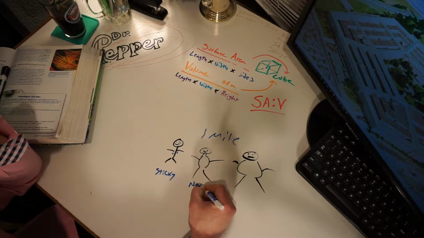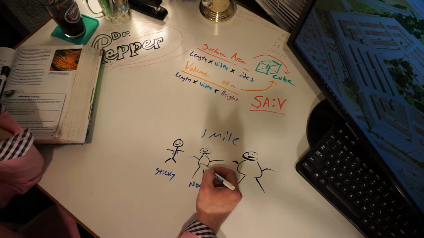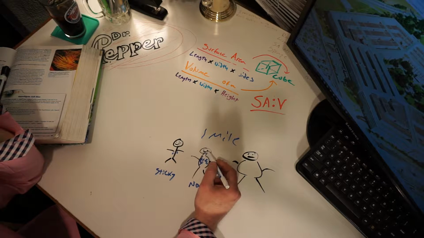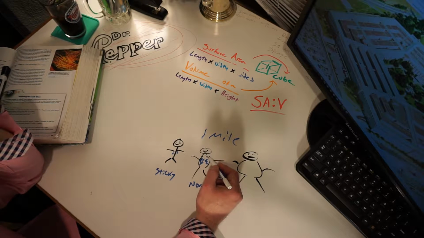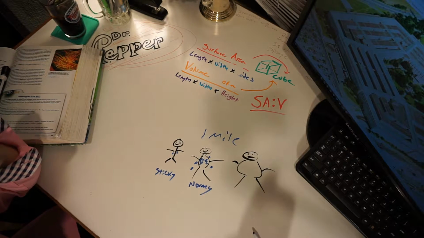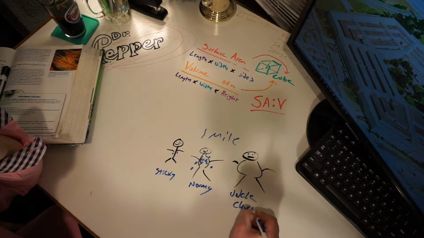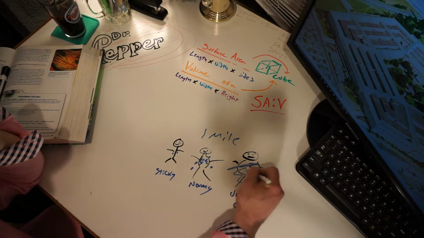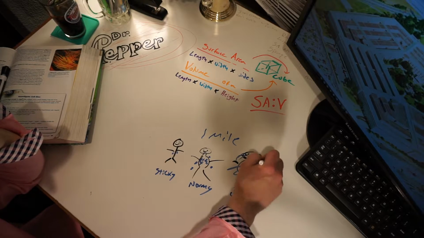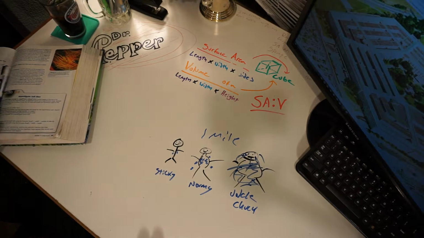Normie, well, he's sweating a little bit more. As you can see, his t-shirt's a little soaked. He's definitely sweating here. He's got sweat coming off everywhere. Uncle Chuck is a sweaty mess. Looks like he's crying, but really, he's sweating a ton.